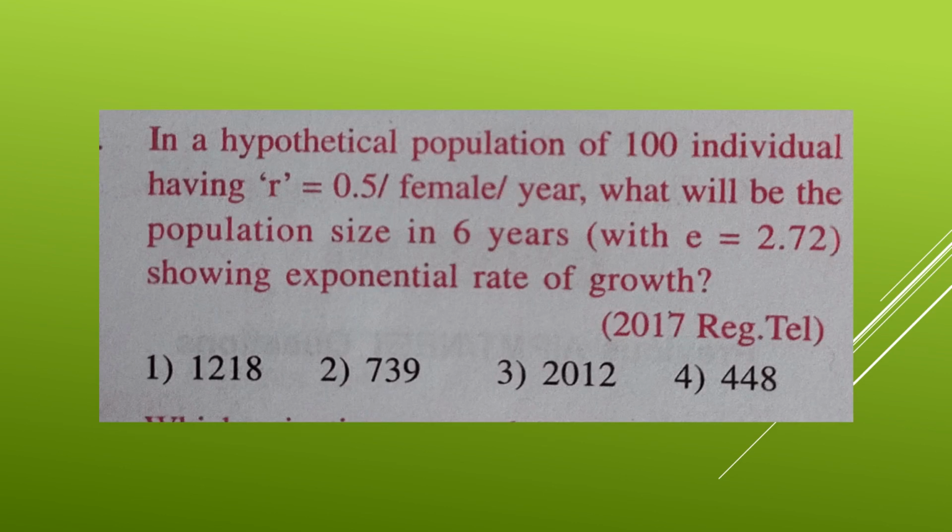Now here is the problem related to the exponential growth curve. Here the initial population N naught is 100, with an intrinsic rate of increase r value of 0.5 per year, time is 6 years, and e value is given as 2.72.